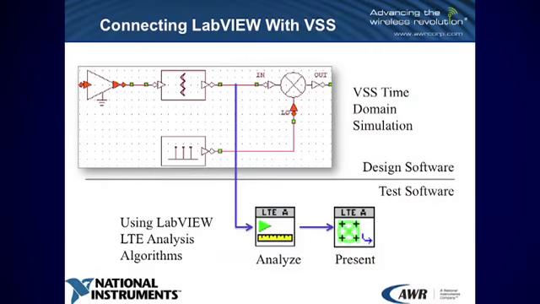You can imagine the way LabVIEW would connect to Visual Systems Simulator is through the time domain circuit envelope simulation engine. In VSS, here you can see an amplifier, attenuator, mixer. Here's a CW source or local oscillator. And the data type being passed around in the simulation environment is arrays of complex double data.